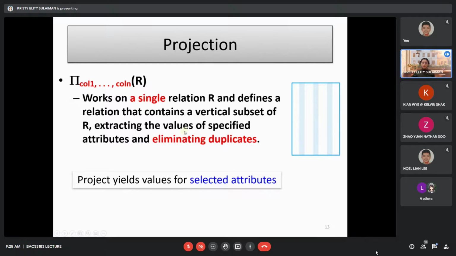So this projection operation yields values for selected attributes.